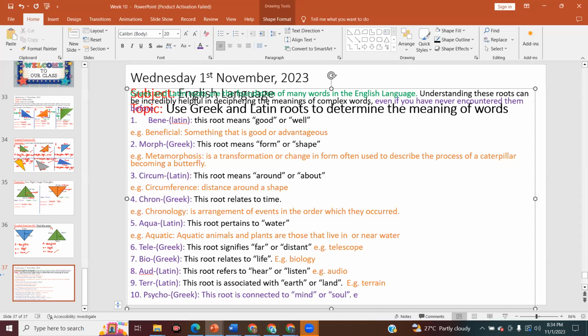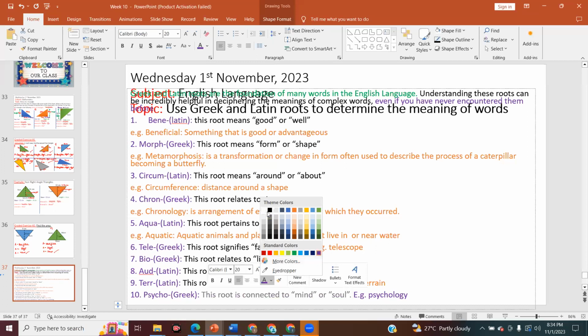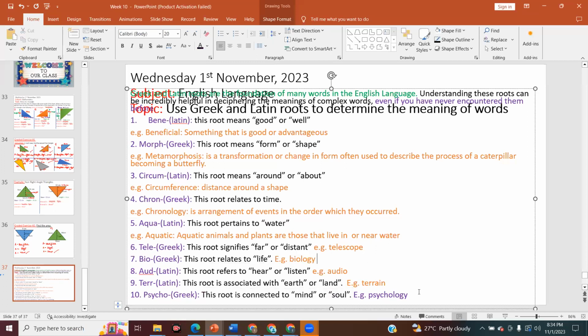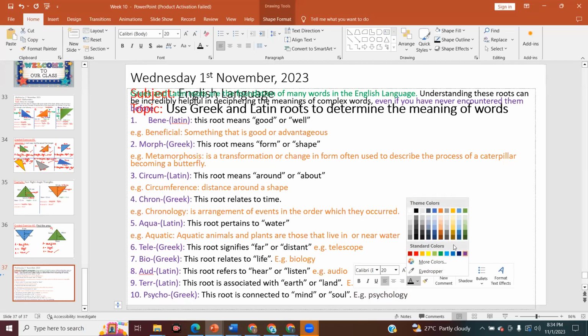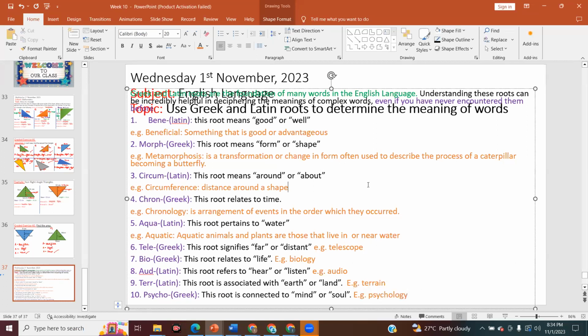An easy example of it would be, let's say, psychology. Psychology, mind or soul. Psychological, yes. Very good. All right, so those are your 10 Greek and Latin roots.